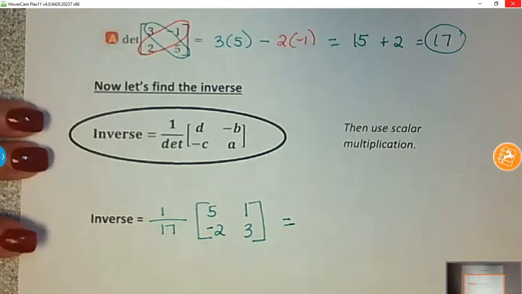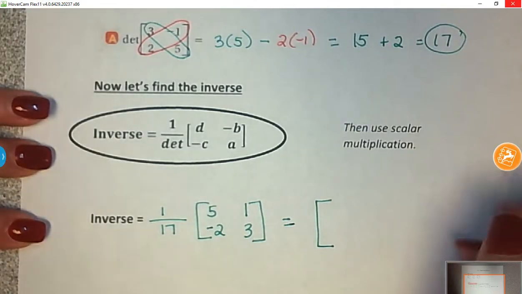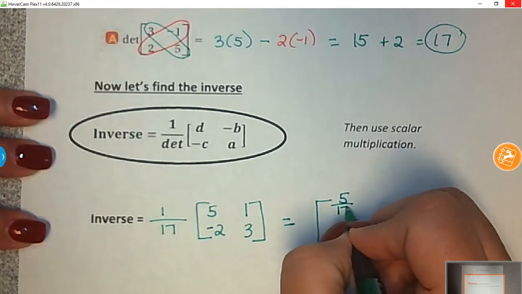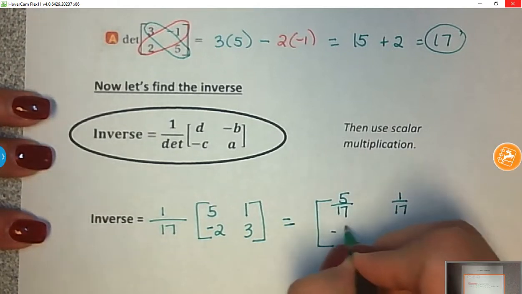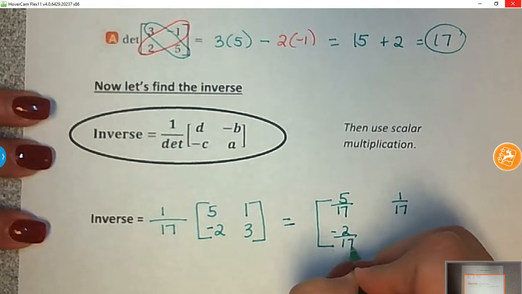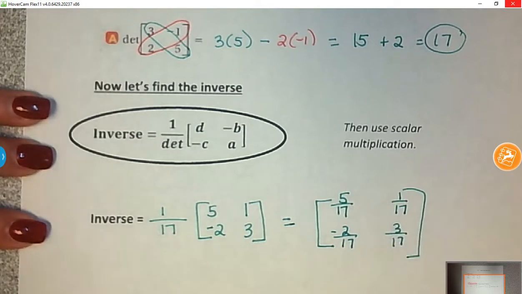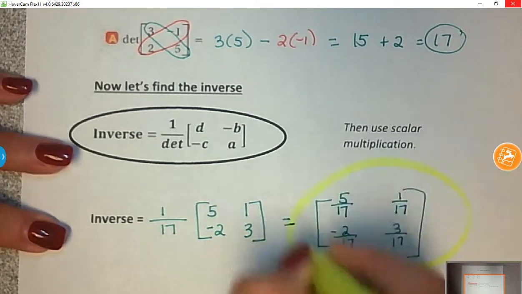And then I just use scalar multiplication. I'm going to multiply everything inside by 1/17. So I get 5 over 17, 1 over 17, -2 over 17, and 3 over 17. This is the inverse.